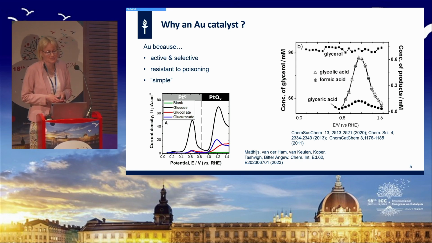It's also resistant to poisoning. So you can see in the bottom left picture, platinum easily makes oxides at the potentials where glucose electrooxidation takes place. The same applies to glycerol. So in terms of the state of the catalyst under the reaction conditions, gold is simpler for people to model.